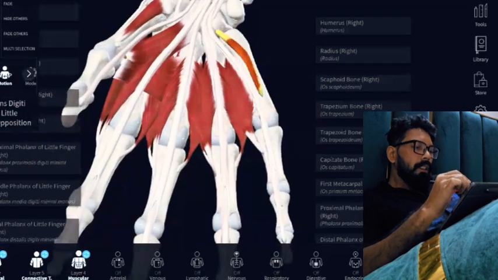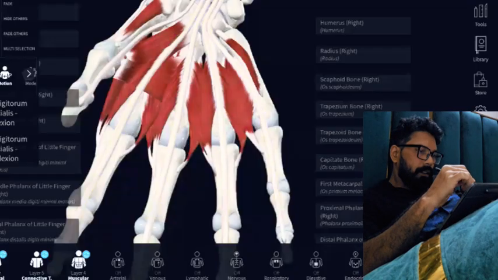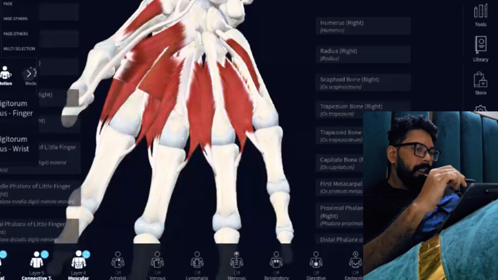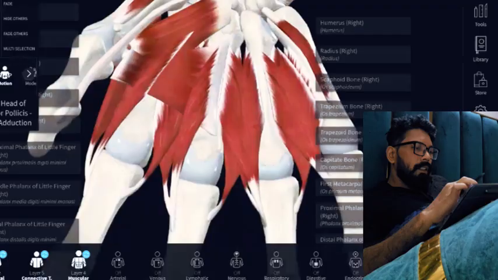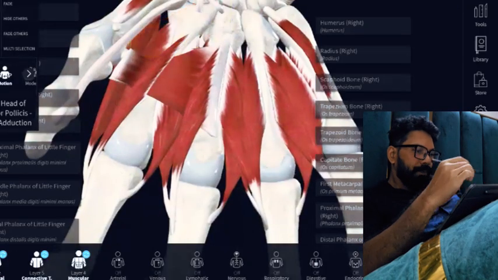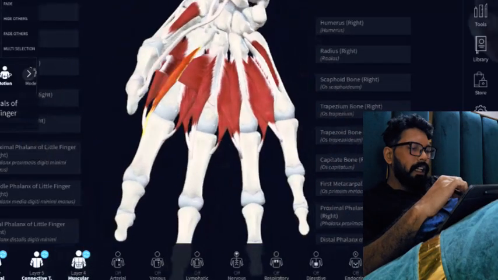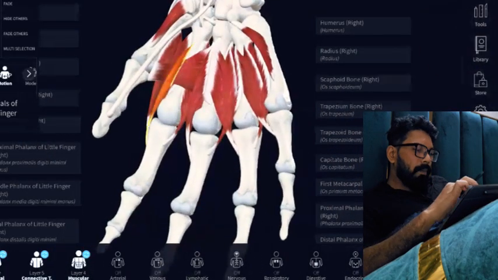Then we hide it. Then we have abductor pollicis. We really don't need that. Just know it's from the thenar eminence. We hide it. Then we have lumbricals and interossei. Lumbricals means worm-like muscles.